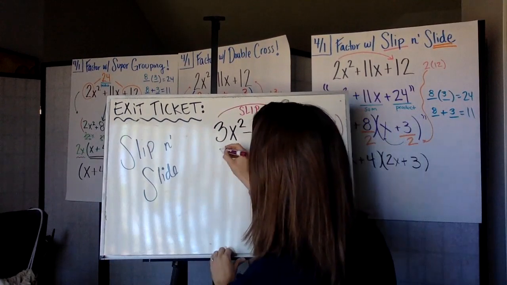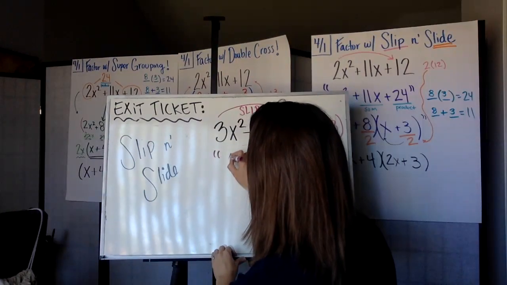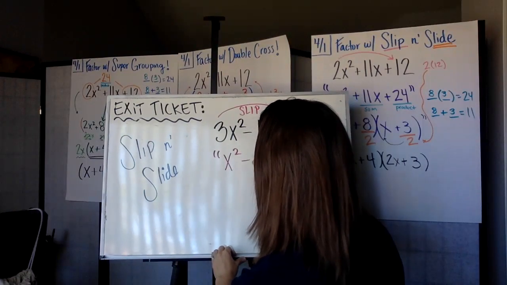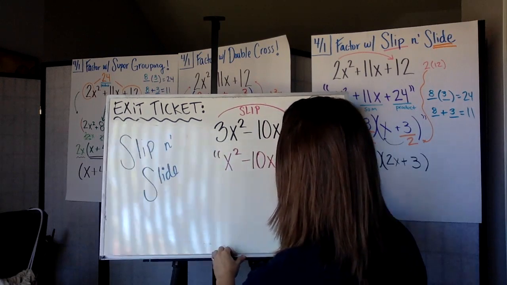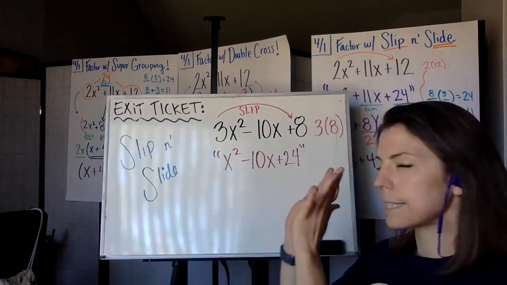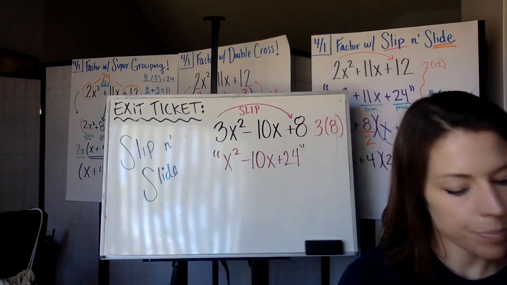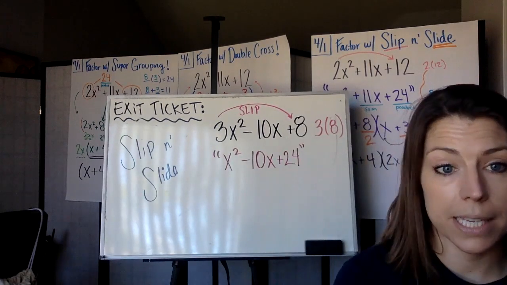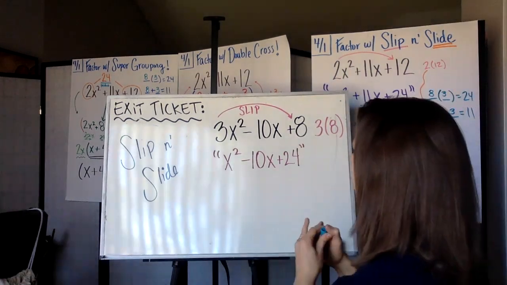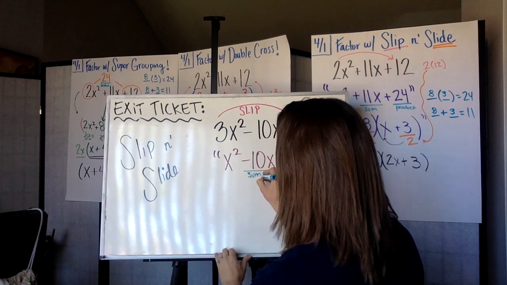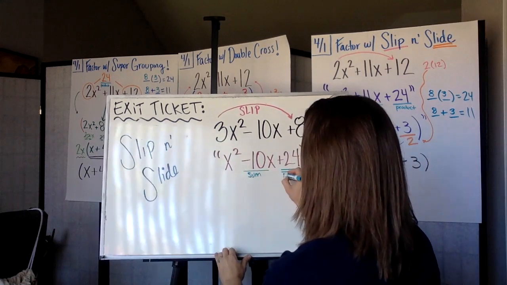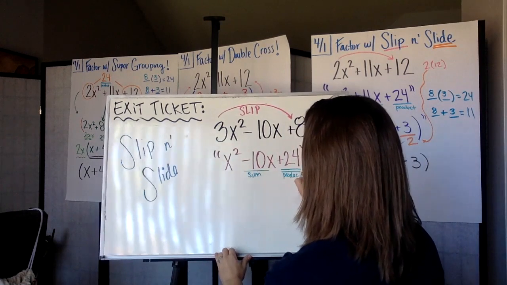So I'm thinking now, my trinomial just became "x squared minus 10x plus 24." And I'm putting it in quotations because that's not actually what it is. From here, I play the P's and Q's game. What two numbers have a sum of negative 10 and a product of 24?